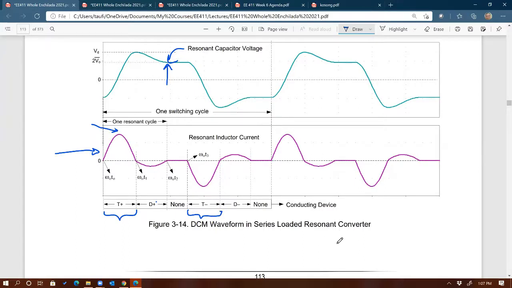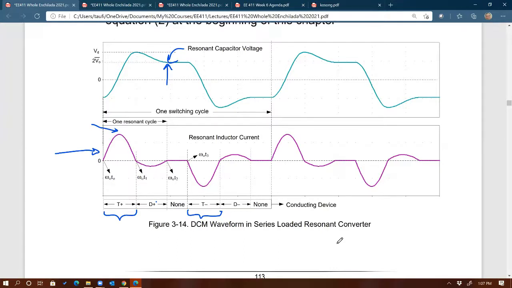So my question is, could I use a semi-controllable switch, or am I required to use a fully controllable switch, such as MOSFET? So the question is, can we use a thyristor? Remember, a thyristor is a semi-controllable switch.